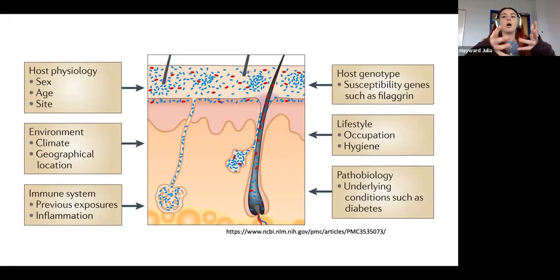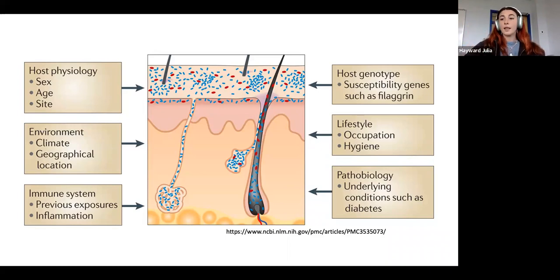So as you can imagine, there are a lot of different external variables that can affect your skin's composition. Your age: you have more wrinkles, more folds. That's a different environment than a flat-surface forehead. If there are wrinkles there, it's going to be a different composition than if there weren't.